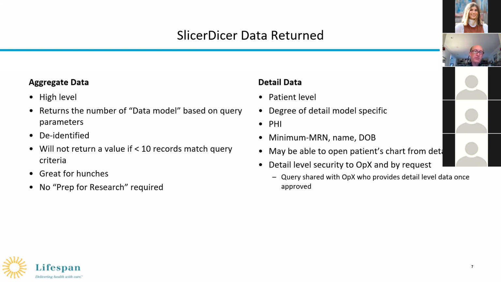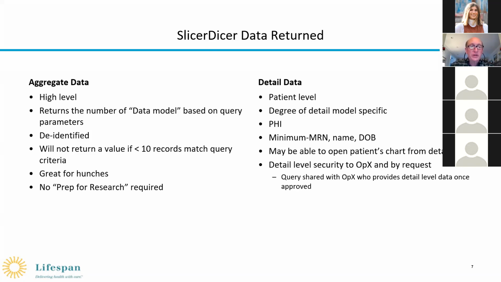And again, it's great for hunches. So if you've got an idea and you're thinking about whether it's a clinical research project or a quality project, what have you, or you want to consider a cohort identification, that kind of thing, SlicerDicer is great for that.